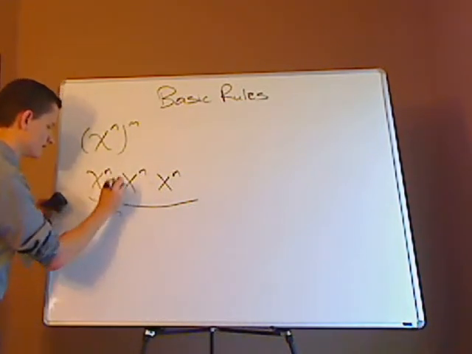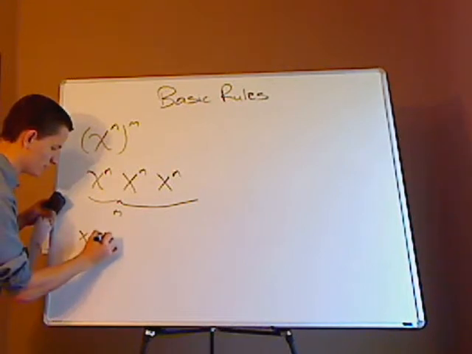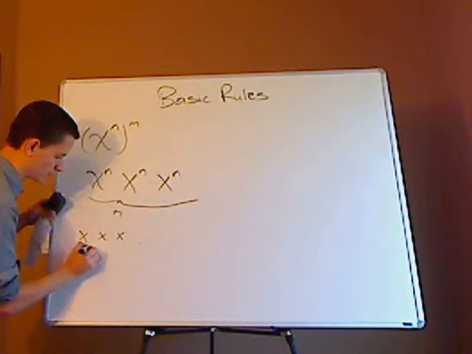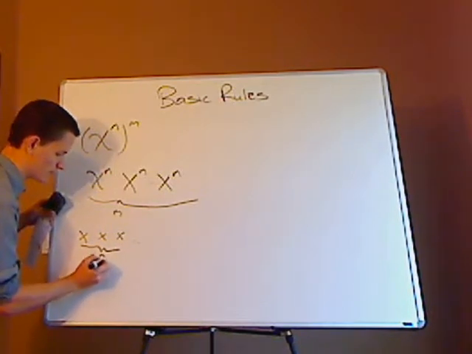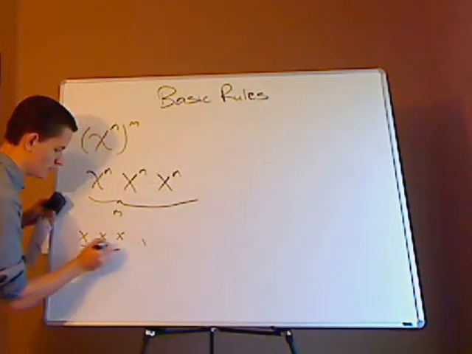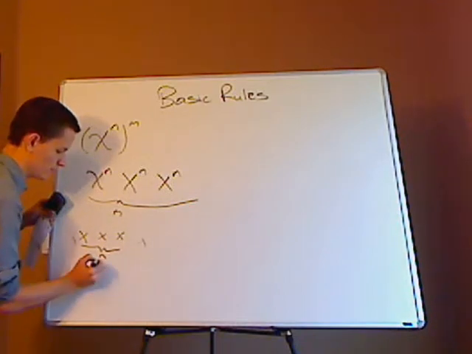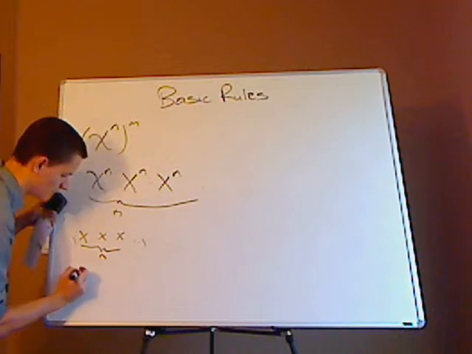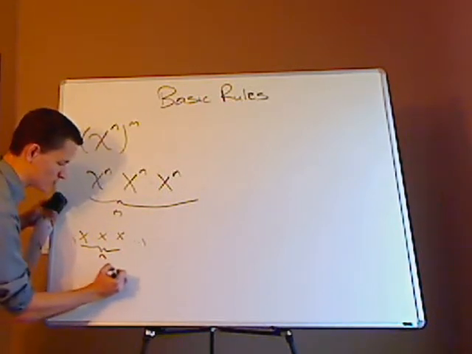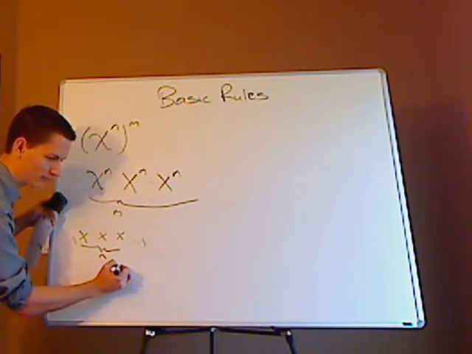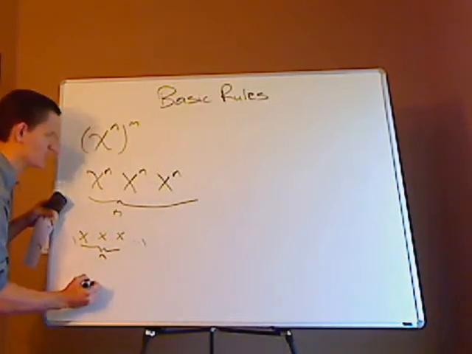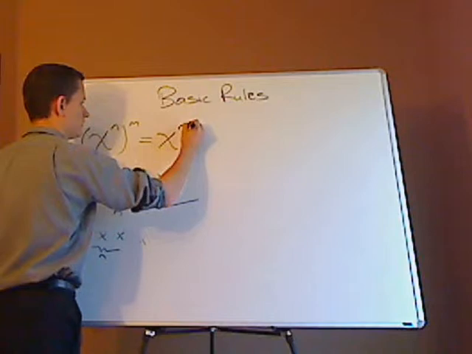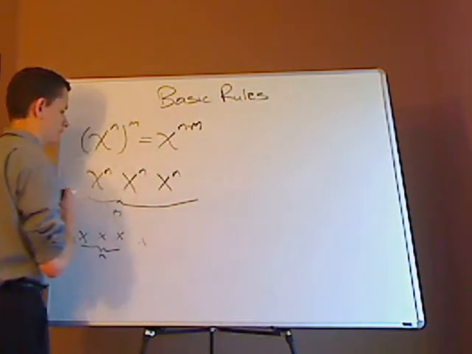Then if you split this up, you have x times x times x dot dot dot. That's going n number of times, just for one of them. And there are m groups of these. So there's m groups of n, which would be multiplication. So you have x to the n times m.